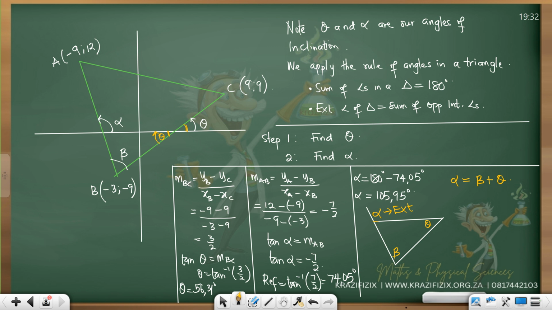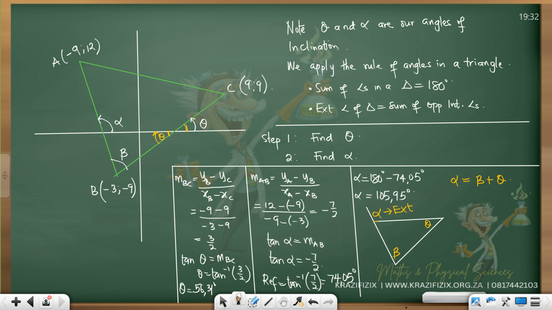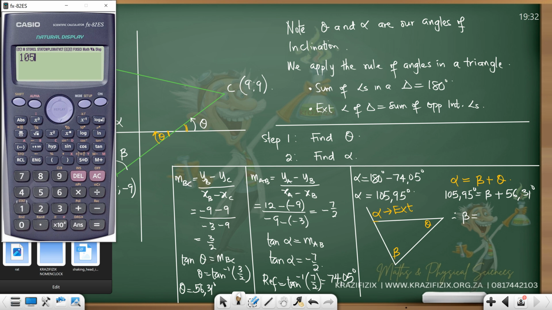We'll do it in two ways. Since I now remember that theorem, I can say 105.95 degrees equals beta plus, what is my theta? 56.31. Therefore, what is our beta? That over to the other side, 105.